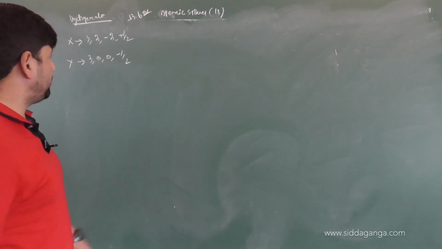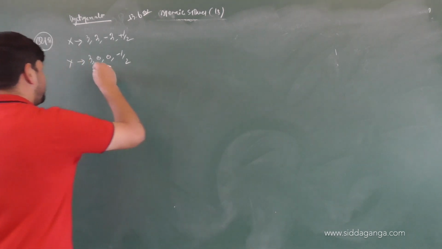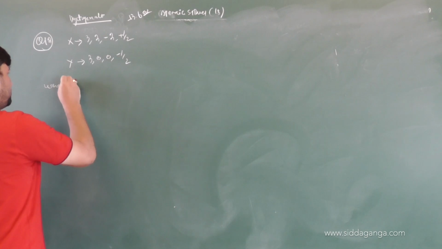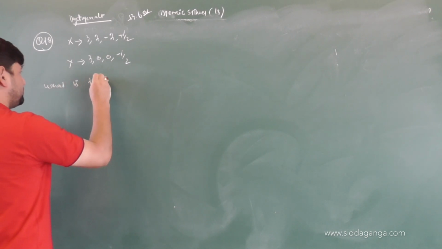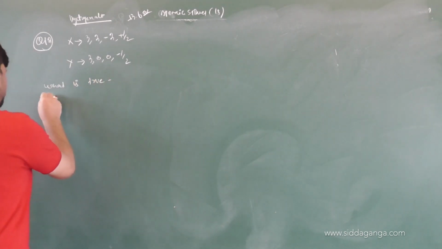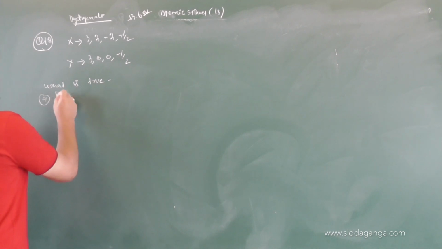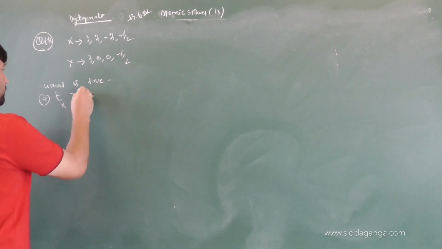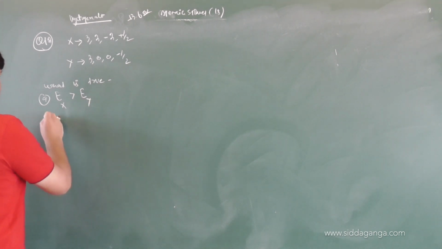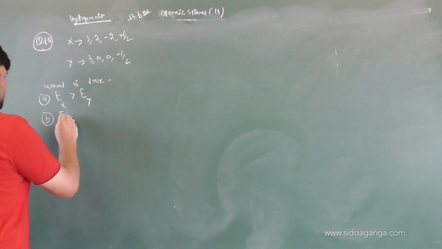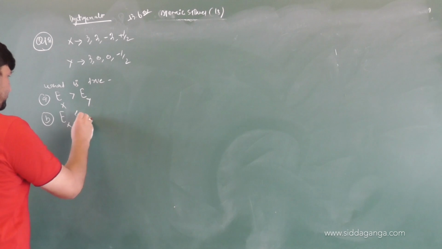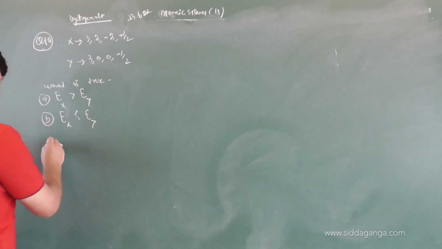What is true of the following? So with respect to this, what is true? First one, energy of x more than energy of y. Option B, energy of x less than energy of y.